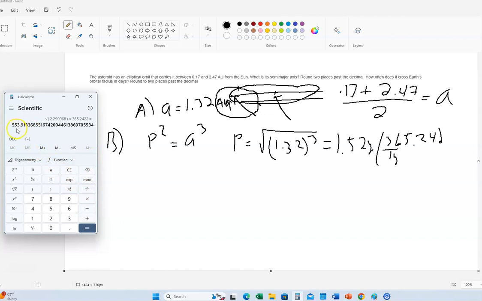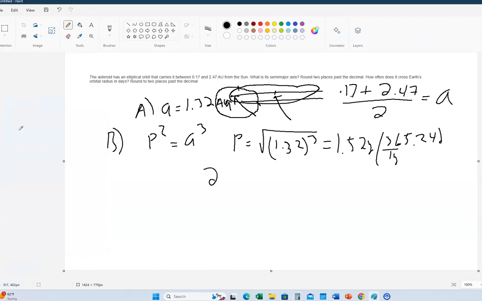So then it orbits the sun once every 553.9 days. You divide by 2, and that's going to give how often it's going to cross the Earth's orbit. All right, so we're rounding it to 2 places past the decimal. So the answer here would be 276.96 days.